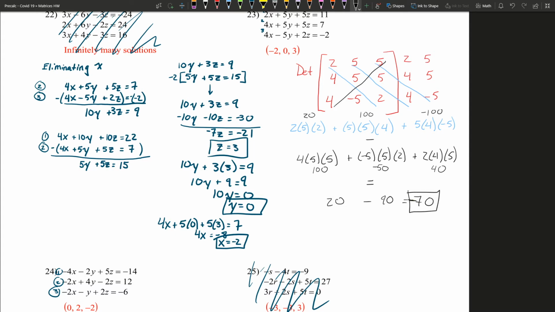The actual answer is negative 70. KJ was right. 20 minus 90 is negative 70, not positive 70.